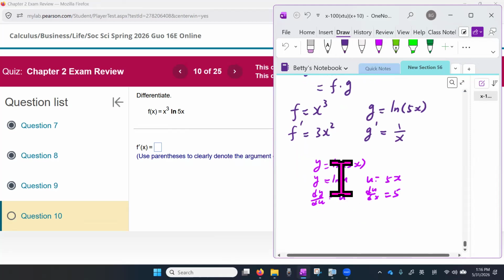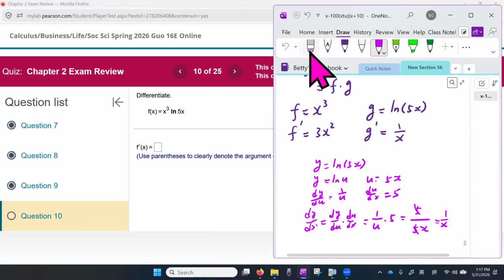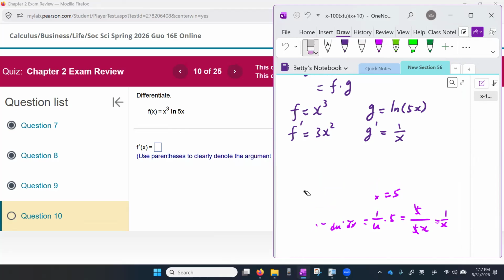So dy dx equals dy du times du dx. That's 1 over u times 5. And u is 5x. The 5 cancels this 5, so it's 1 over x. So you can rewind if you need this part. So g prime is 1 over x.